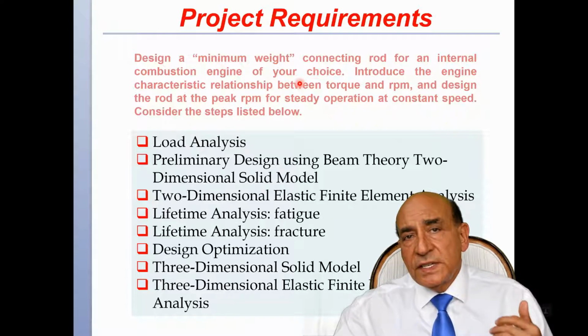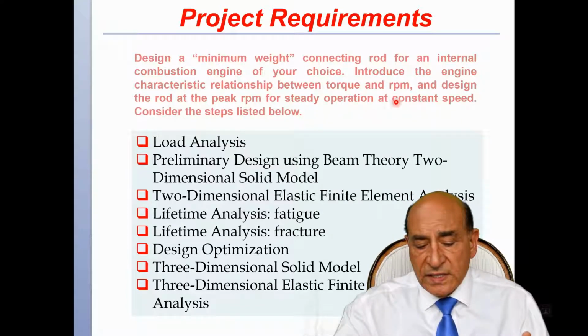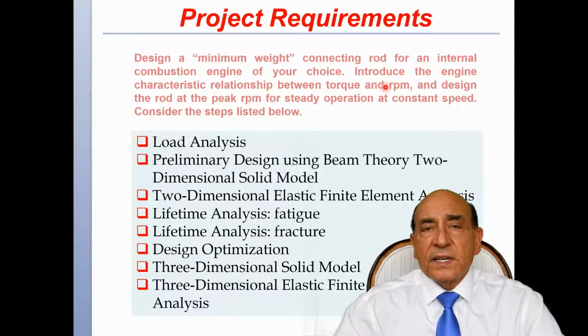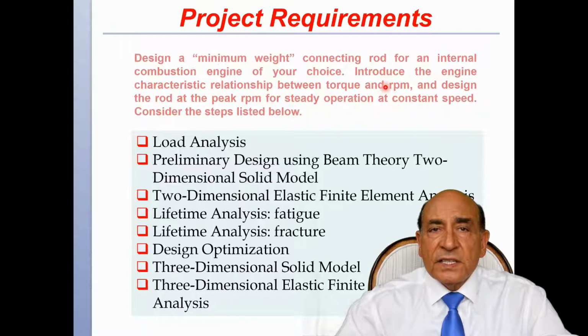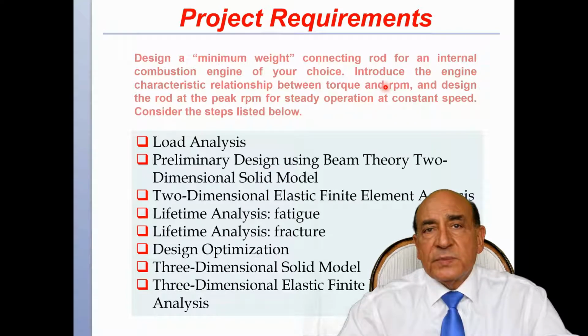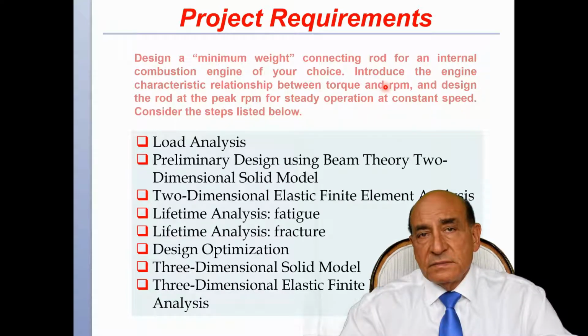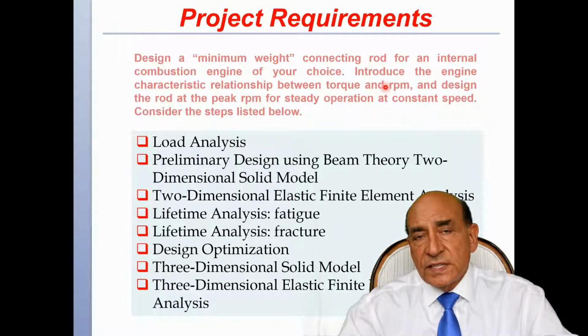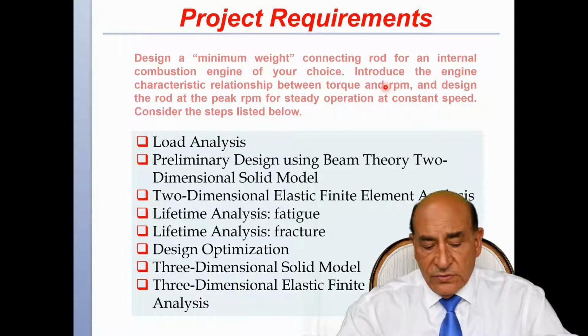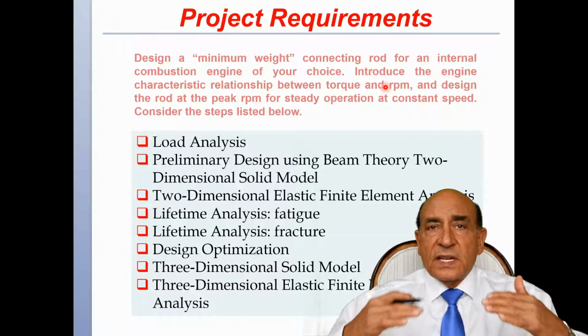Usually there's a peak value for the torque at a given RPM, and that's where we want to design, because that's a critical combination of RPM that produces very high forces on rotating machinery, and the high torque can also introduce additional mechanical forces. And then we're going to go through steps.